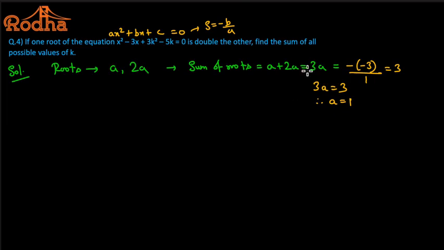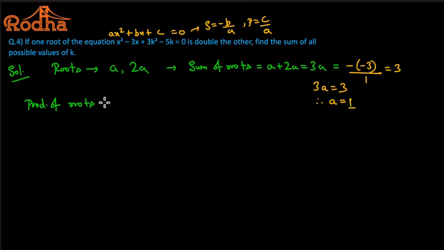ठीक है, अब now what I'll do, I'll simply put the value of a equal to 1, है ना. Also we can find the product of roots first, then we'll be getting more values. So what is the product of roots? हमें पता है, product of roots is equal to c by a in a quadratic equation.